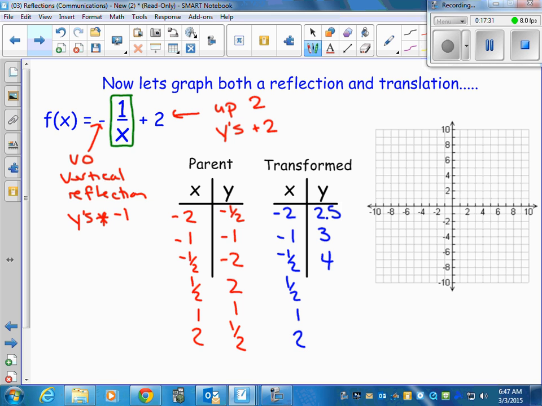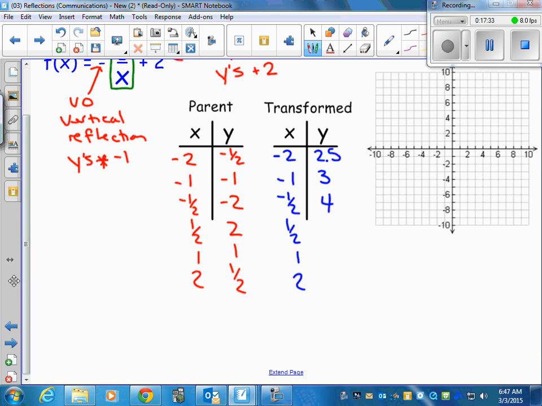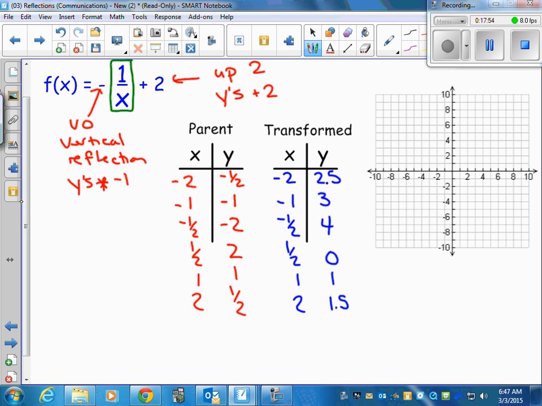So then we had our initial values. Now when we go the other way, we multiply by a negative 1. Negative 2 plus 2 is 0. Negative 1 plus 2 is 1. Negative 1/2 plus 2 is 1.5. So these points are a little bit harder to graph.